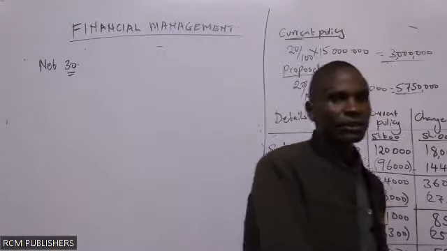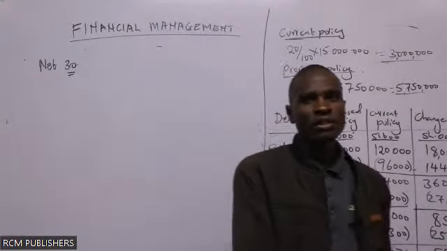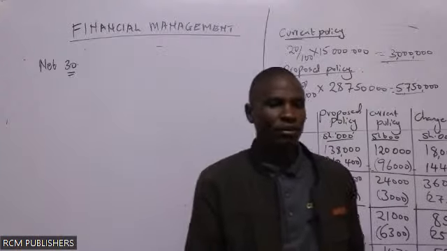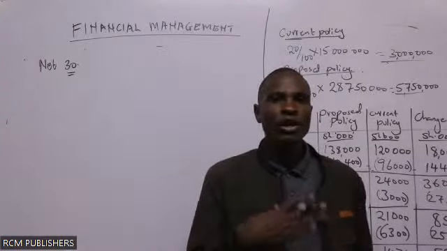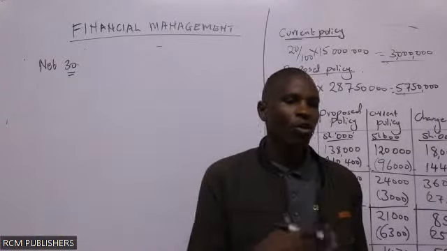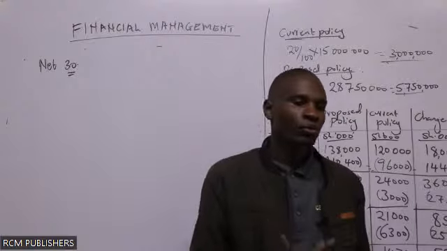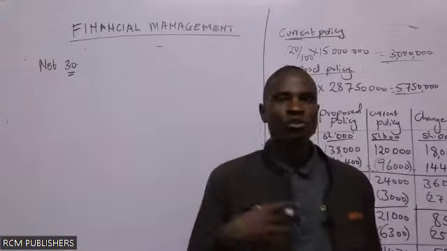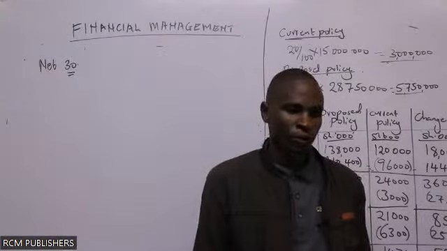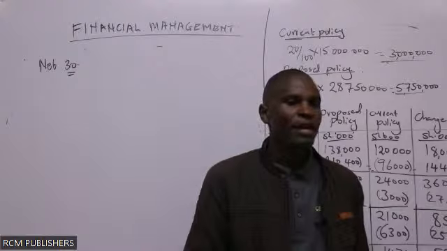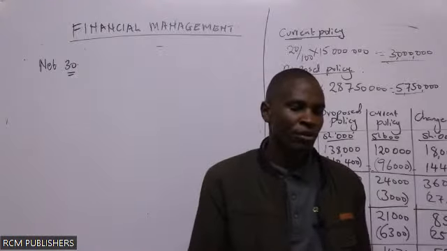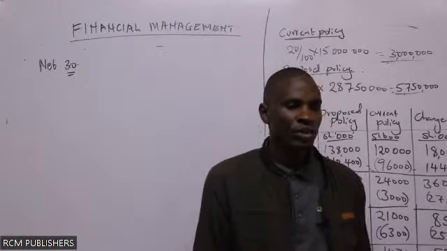This is a period you're being given: when you pay within that period, you're going to get a discount, say 2%. If you pay beyond that period, there's no discount given.